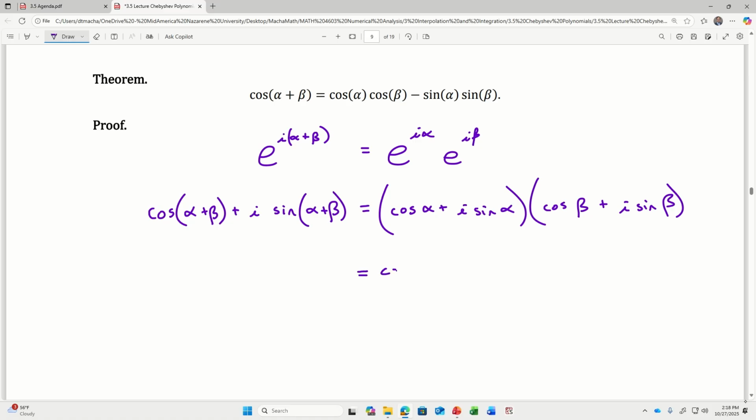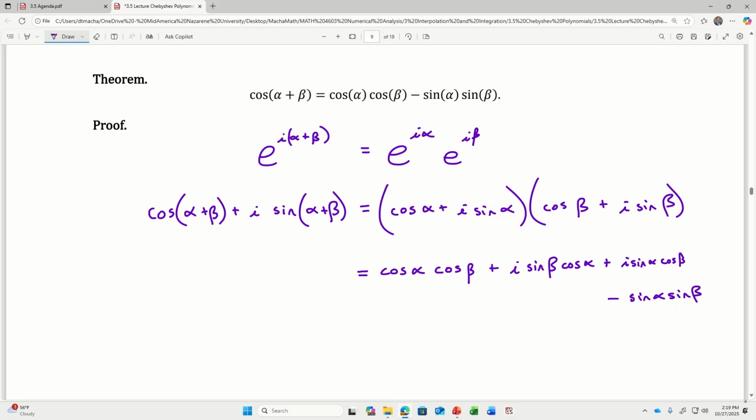And that would give me cosine alpha cosine beta, plus i times sine beta cosine alpha, plus i sine alpha cosine beta, minus sine alpha sine beta. Why did I write minus? Where did the minus come from? Yes, i squared is -1.